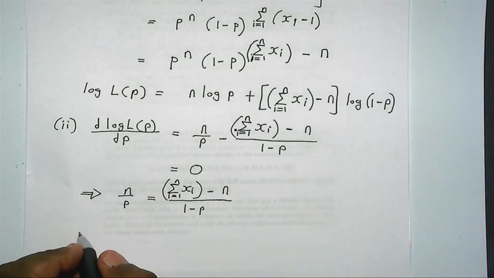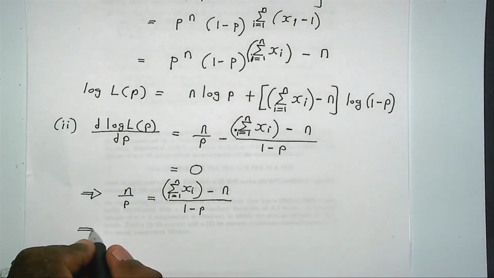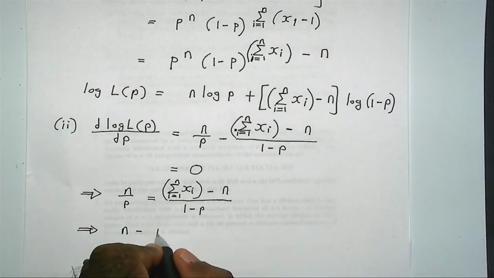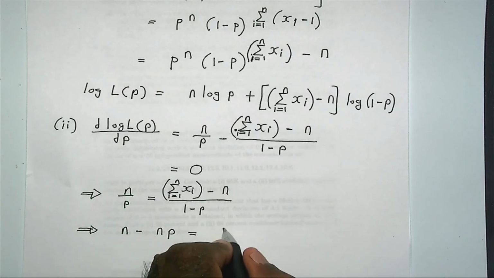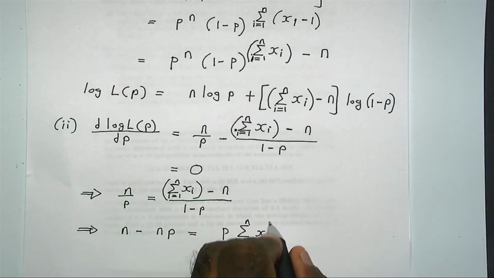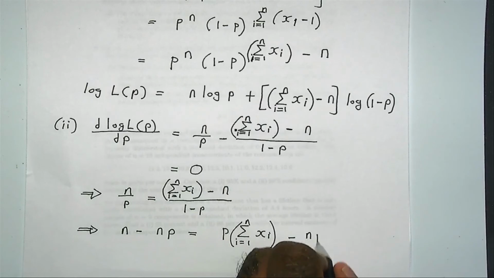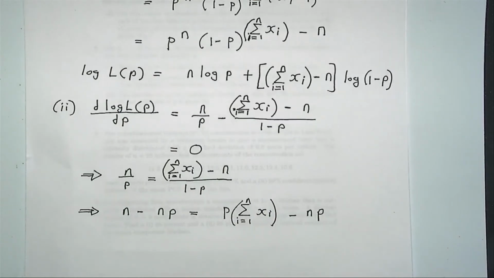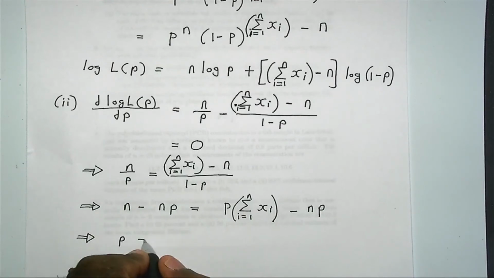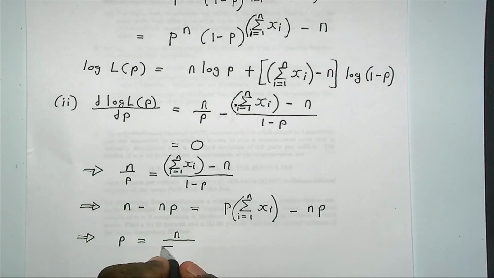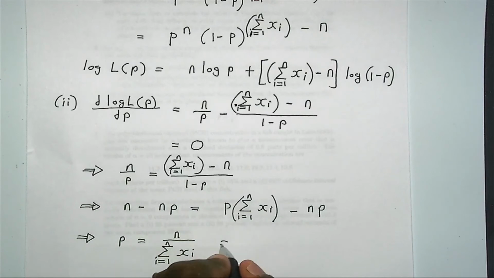So this becomes n minus np equal to p times the sum of xi minus np. So the solution for p is n divided by the sum of xi, which you can also write as 1 divided by the sample mean x bar.